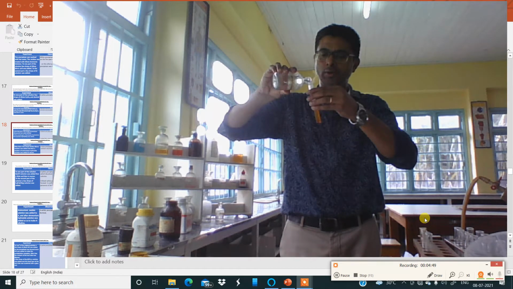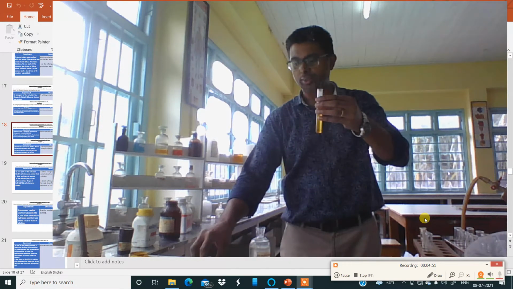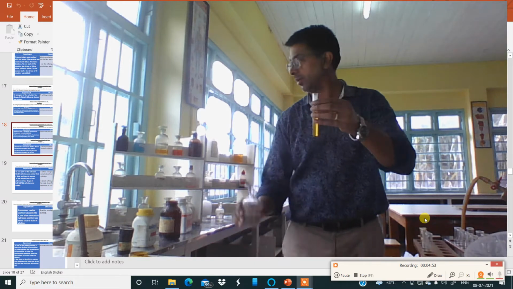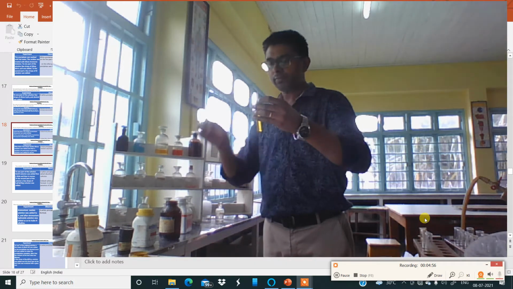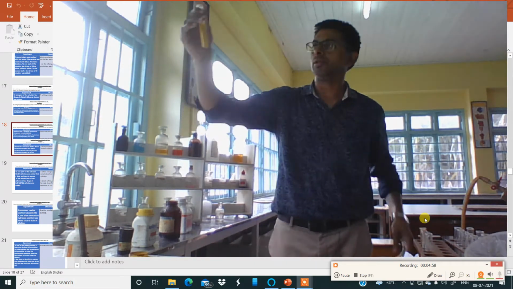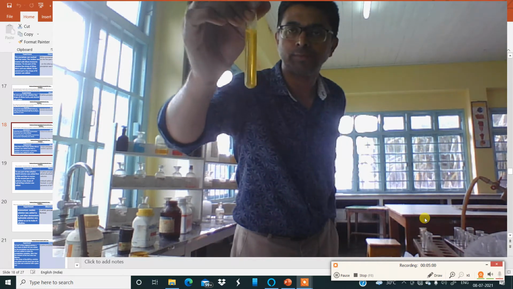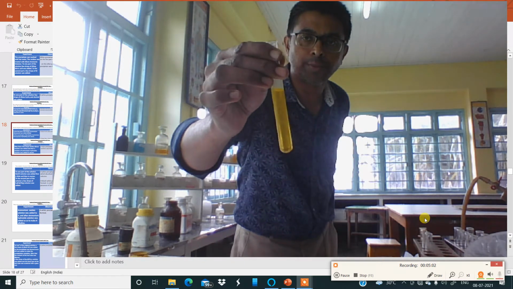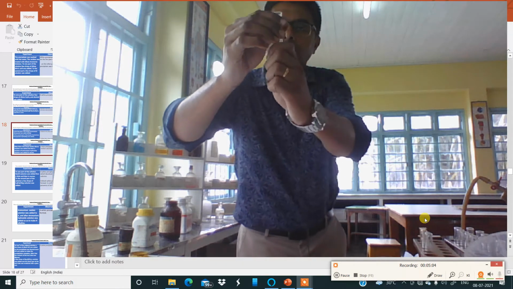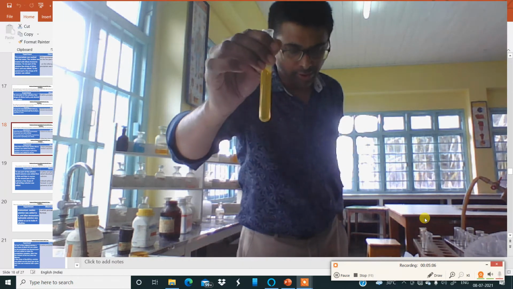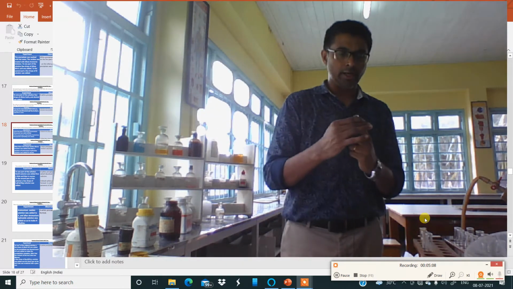The precipitate has dissolved almost, now it is dissolved, you can see. The reddish brown precipitate has been dissolved in dilute hydrochloric acid.